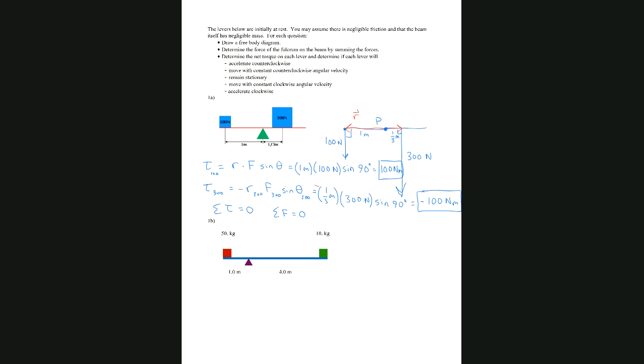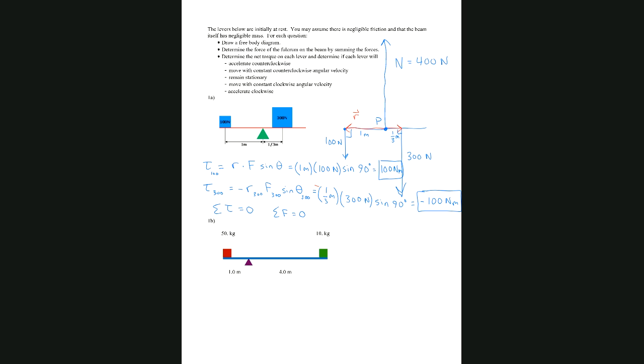Because one thing that's not shown here is the force supplied by the fulcrum at the pivot point. That would be a normal force. In this case, we can actually calculate that normal force pretty easily. It has to balance with the other two forces. The pivot is responsible for holding up both the 100 and the 300 Newton forces.